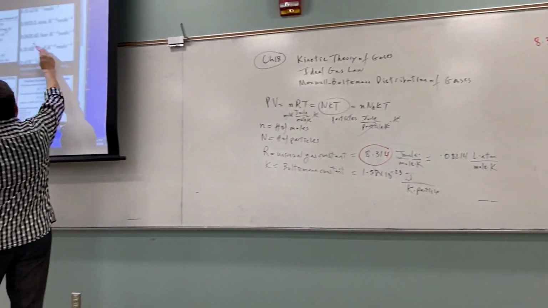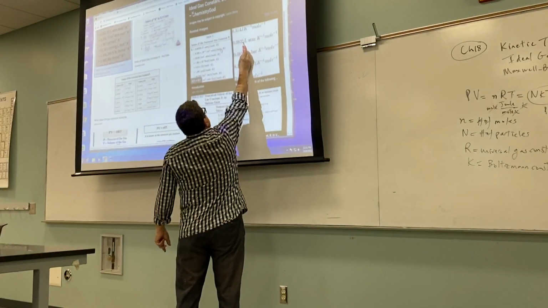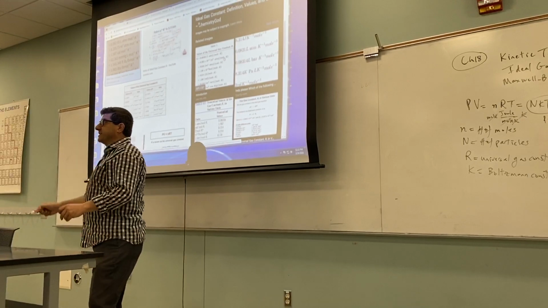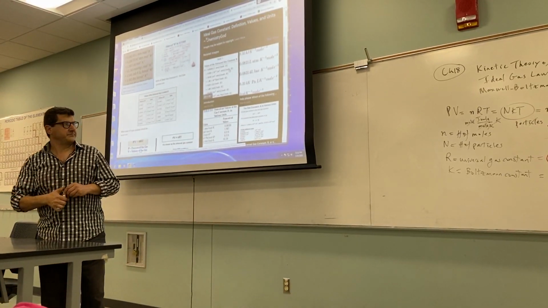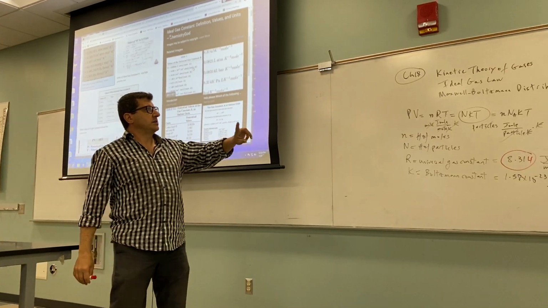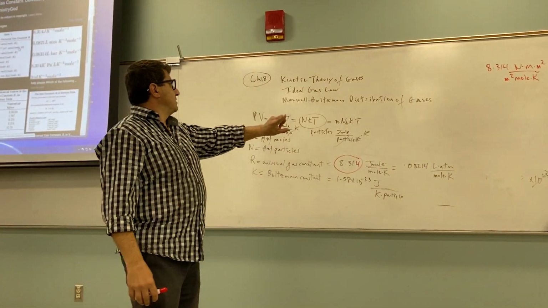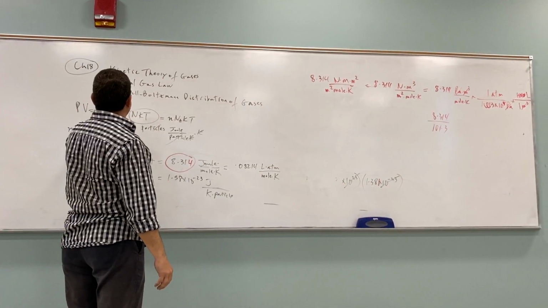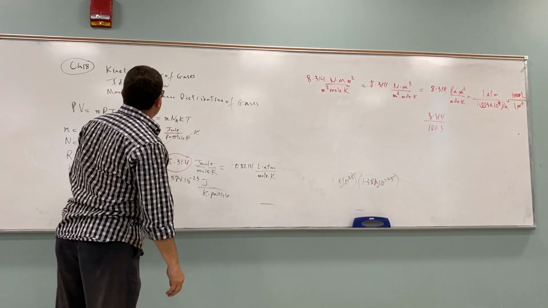That's why this one is 0.0821 whereas the other is 8.31. It's not perfectly 100. So that's a good connection between all of these constants: the big N, the little n, the R, the k, the N_A.